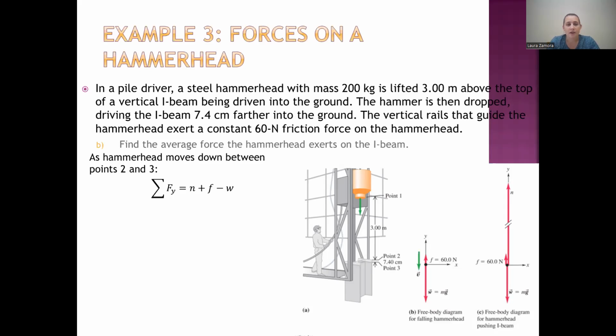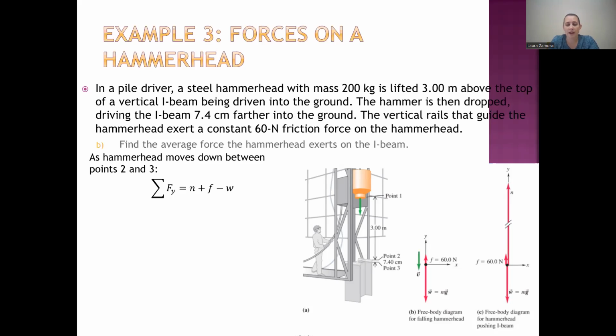So that means that the sum of our forces in the y direction, or vertically, all of the forces, when we take them into account with their direction, we have the normal force pointing up because it's supporting the hammerhead going up. We have the friction force pointing up because it's opposing the motion down.